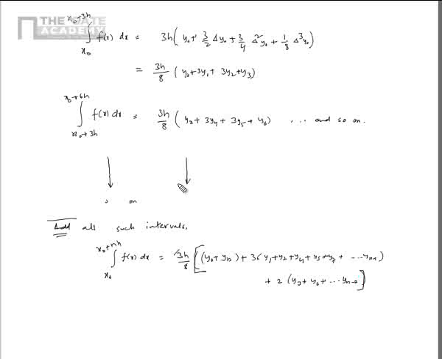So this is called the 3/8 rule, and this obviously increases the accuracy because you are taking 3 strips at a time and approximating with a polynomial of third order. But remember, n has to be a multiple of 3, so you can't choose n to be something arbitrary. Okay, so that is one of the restrictions this method lays out.